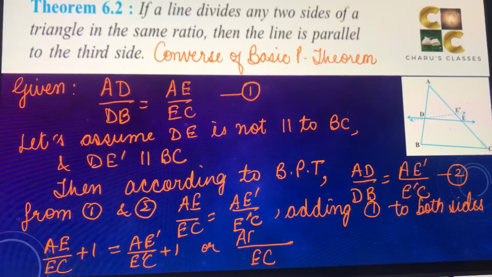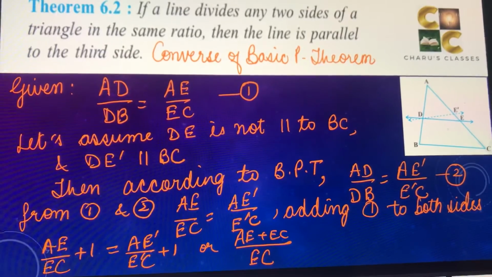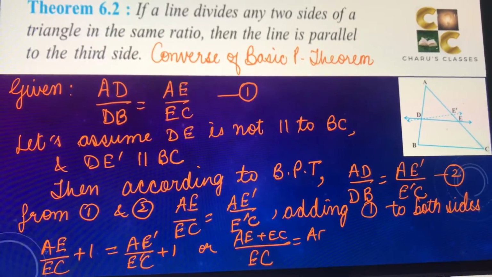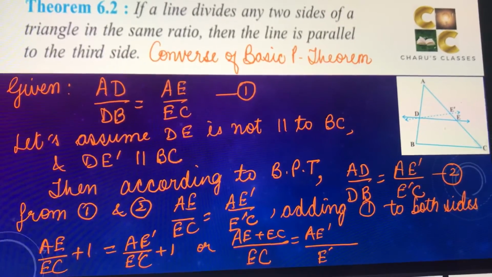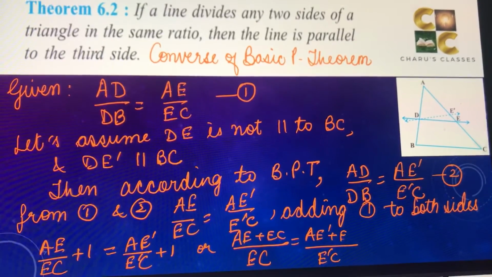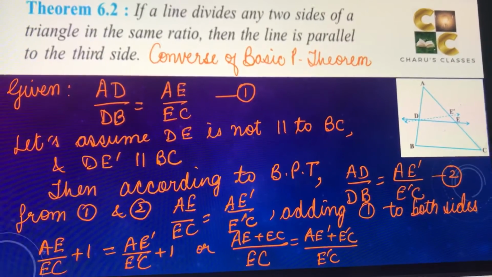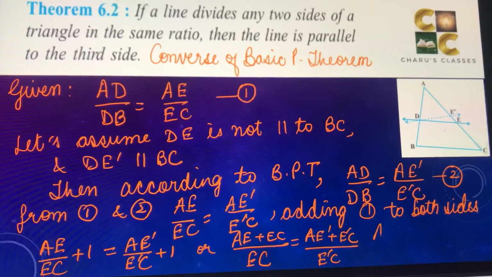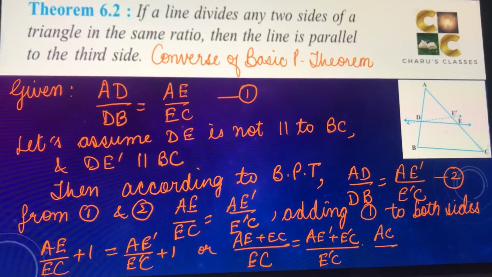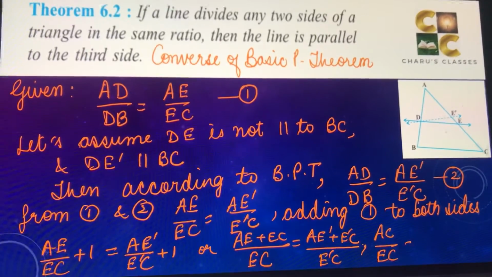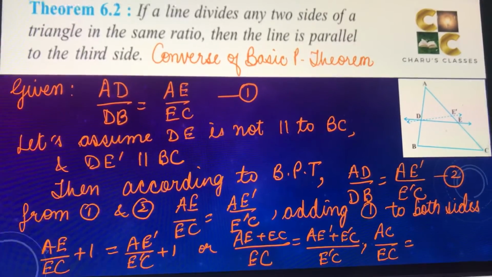So this will be AE plus EC, and on this side it will be AE dash plus E dash C. So AE plus EC, we know that is AC. AC by EC is equal to AE dash plus E dash C.